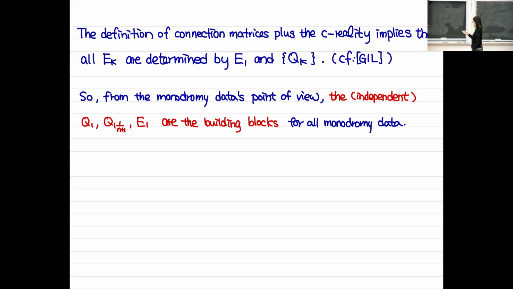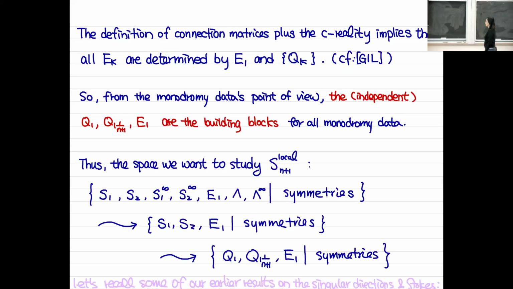There are still other symmetries we haven't mentioned. The space that we want to study, S local, is the space of all local solutions. It starts from S1, S2 at 0, S1, S2 at infinity, connection matrices, and their monodromy, formal monodromy exponent. Together with symmetries, it now becomes just S1, S2 because of the cyclic symmetry, and then E1 together with symmetries.